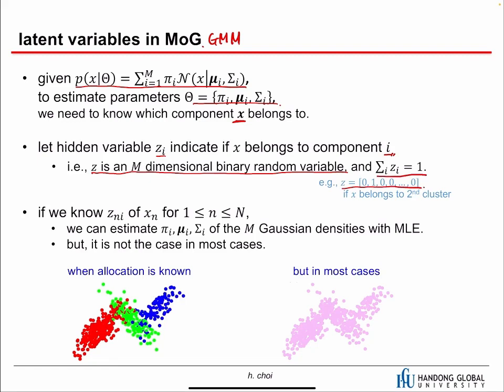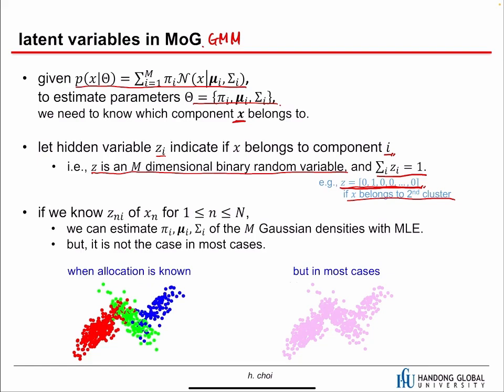In this example, x belongs to the second cluster. But we don't know this. If we know x belongs to the second cluster for sure, then z is like this. So z is a hidden variable which is not given. We don't have this knowledge yet.